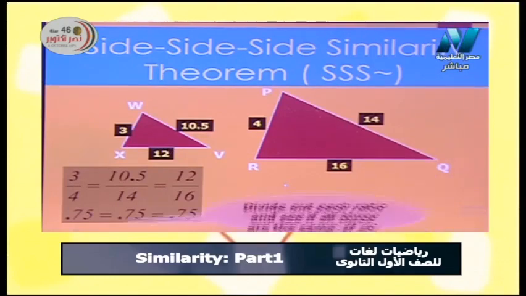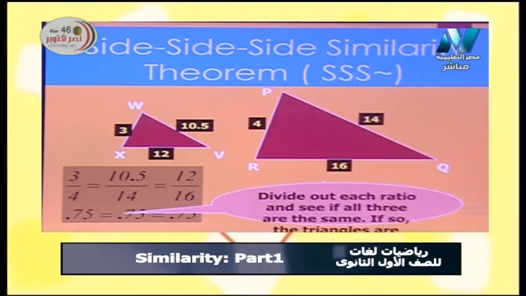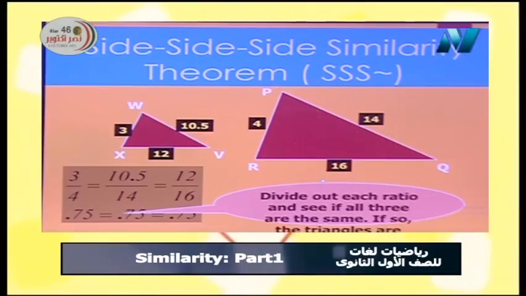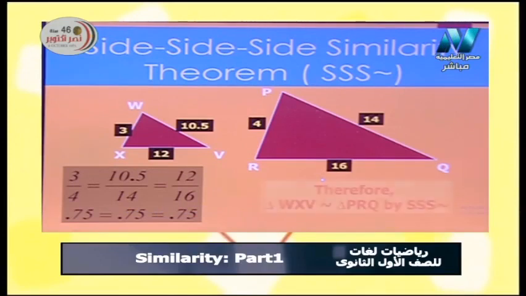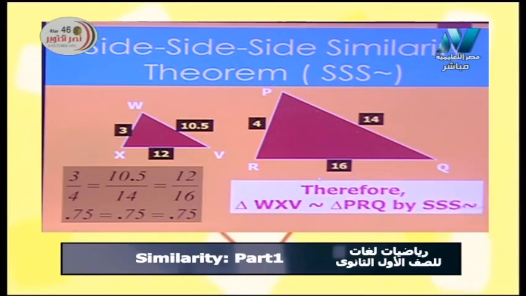The ratio here will be the answer. Divide out each ratio and see if the three are the same. If so, the triangles are similar. Therefore triangle WXV is similar to triangle PRQ by SSS, which means side.